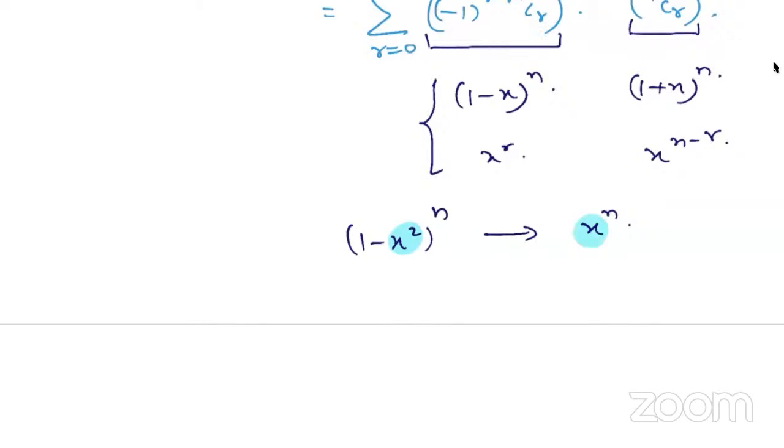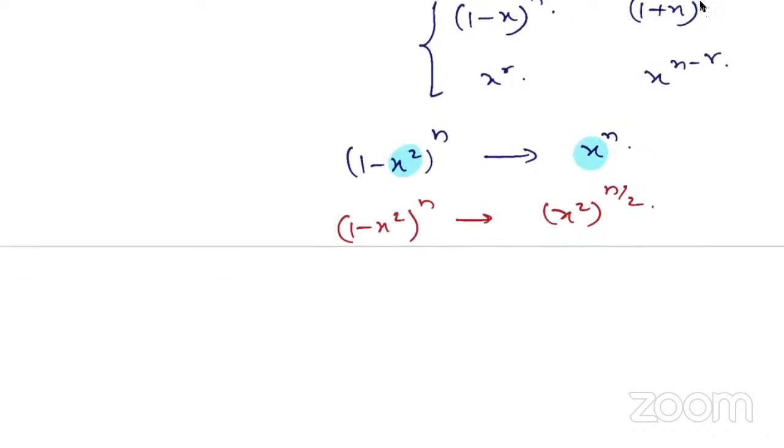So if you really want to write down the expansion in the right form, first we have to write it down as: in the expansion of 1 minus x squared to the power n, this will be x squared to the power n by 2. Now I can say, oh, it's good. Both the terms, right? This is x squared, this is also x squared. If you want to put x squared as z, you'll be able to put x squared as z.